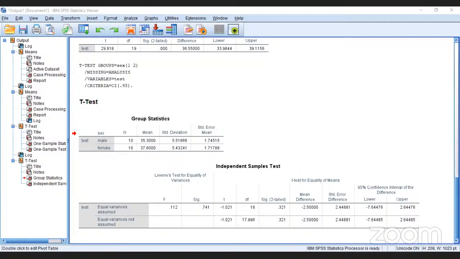Now I am showing you the table format of APA. It is available.